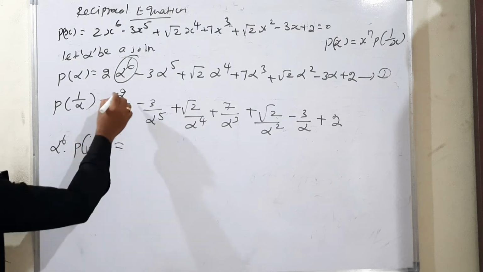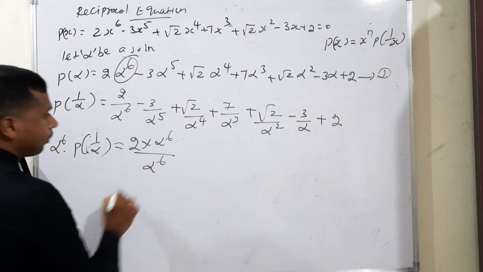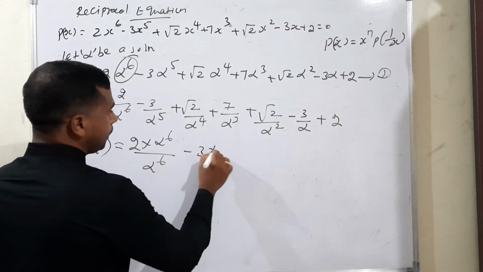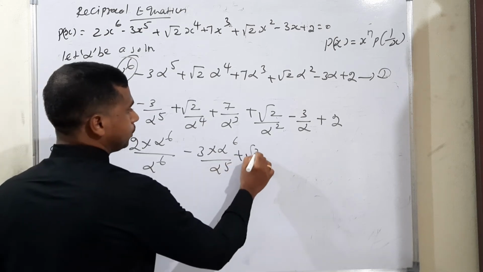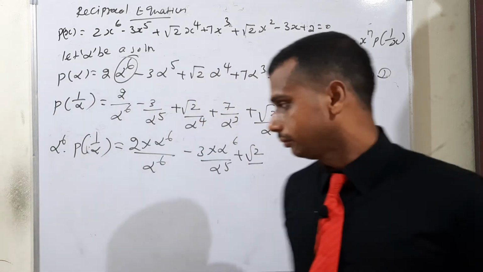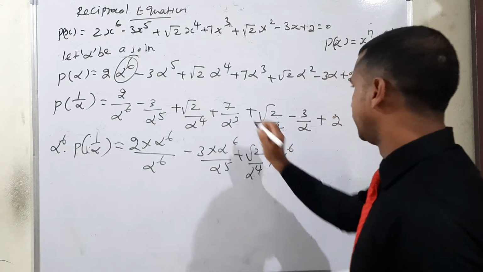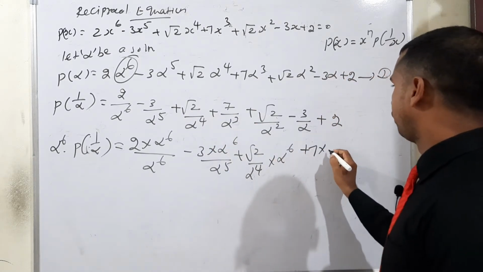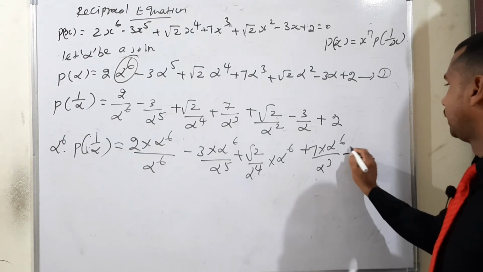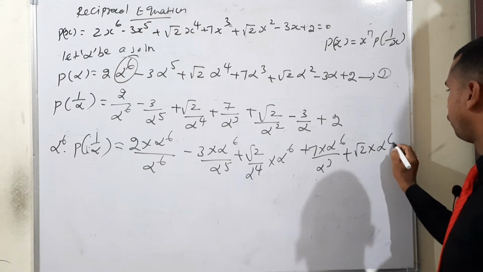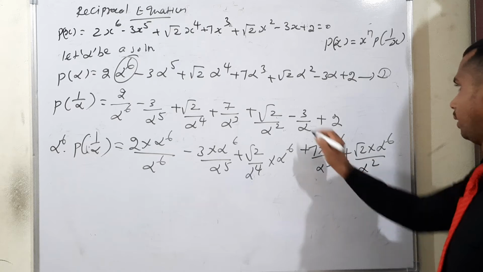What will happen? Each time, 2 into alpha power 6 divided by alpha power 6. Again minus 3 into alpha power 6 divided by alpha power 5. Then plus root 2 into alpha power 6 divided by alpha power 4. Next, plus 7 into alpha power 6 divided by alpha cube. Next, plus root 2 into alpha power 6 divided by alpha square.